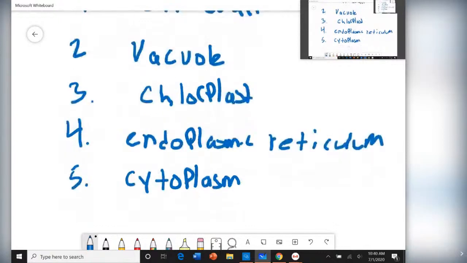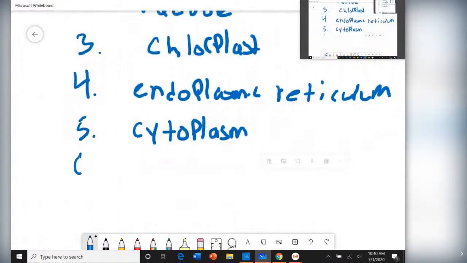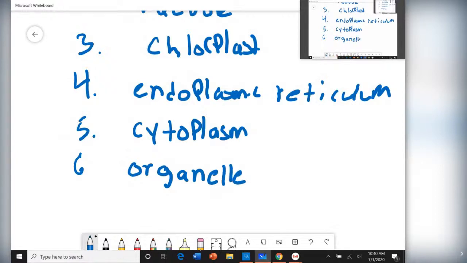Okay. Number 6. This is any tiny structure in the cytoplasm of all the cells that performs a special job. And that would be the organelle. Okay. Number 7.